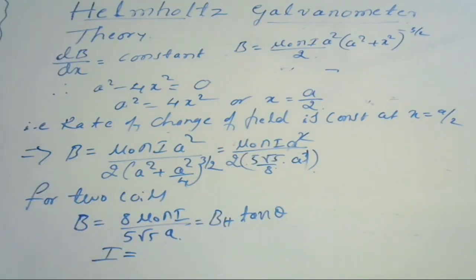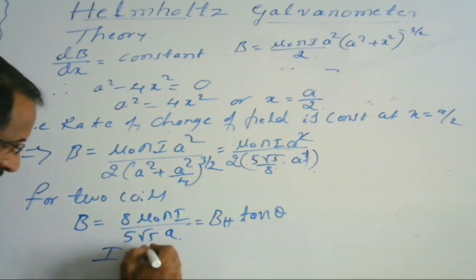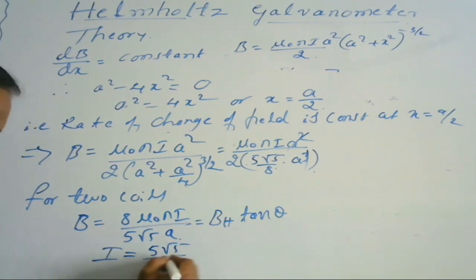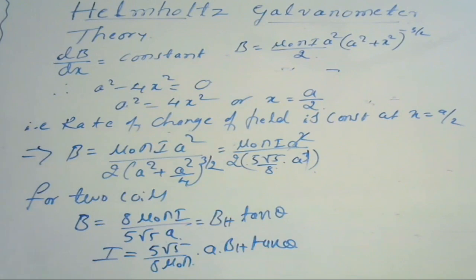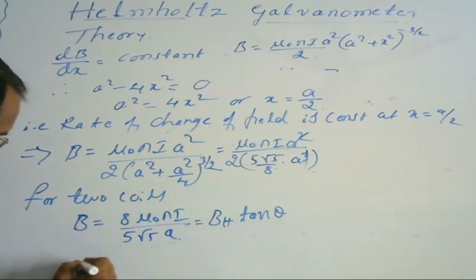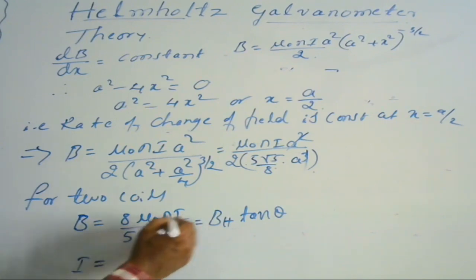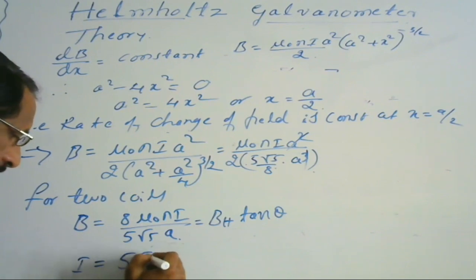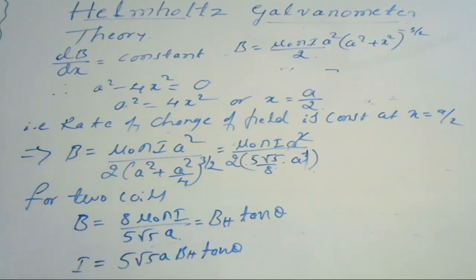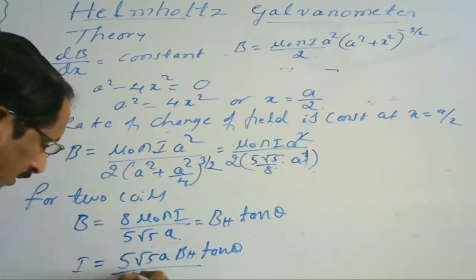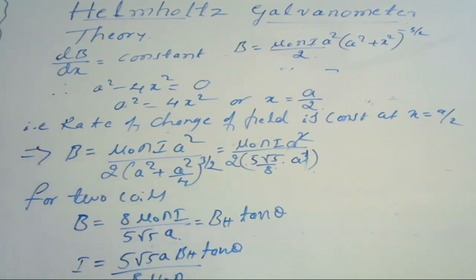The expression for the current is I is equal to 5 root 5 A into BH tan theta divided by 8 mu naught N.